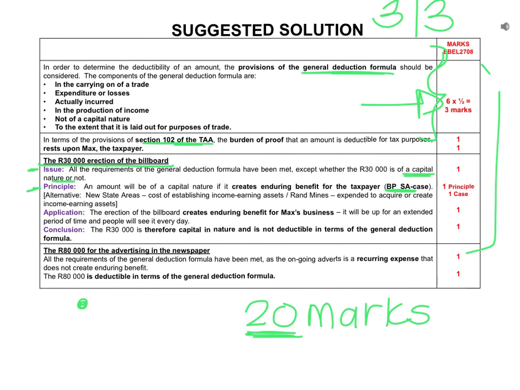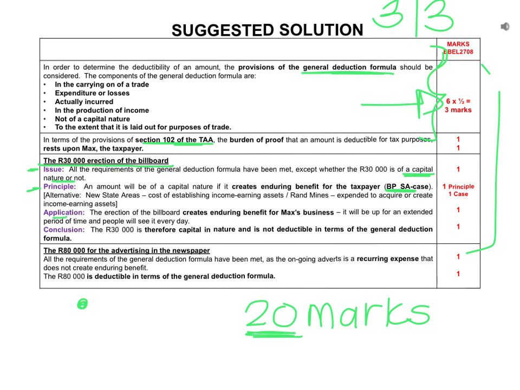Now, if you just put down the court case name and the court case principle, you are not necessarily going to get marks. Okay, it's about taking that principle, taking that court case, and applying it to the information in your question.